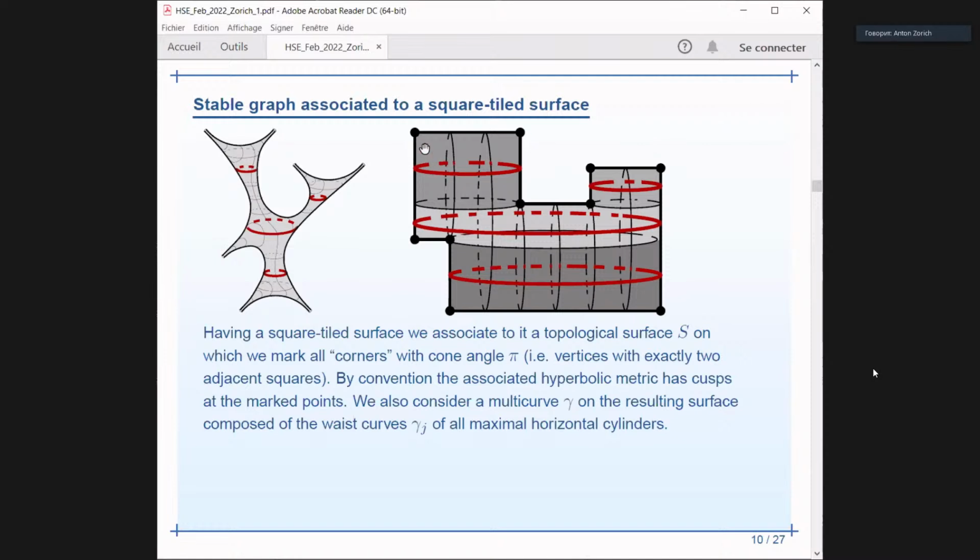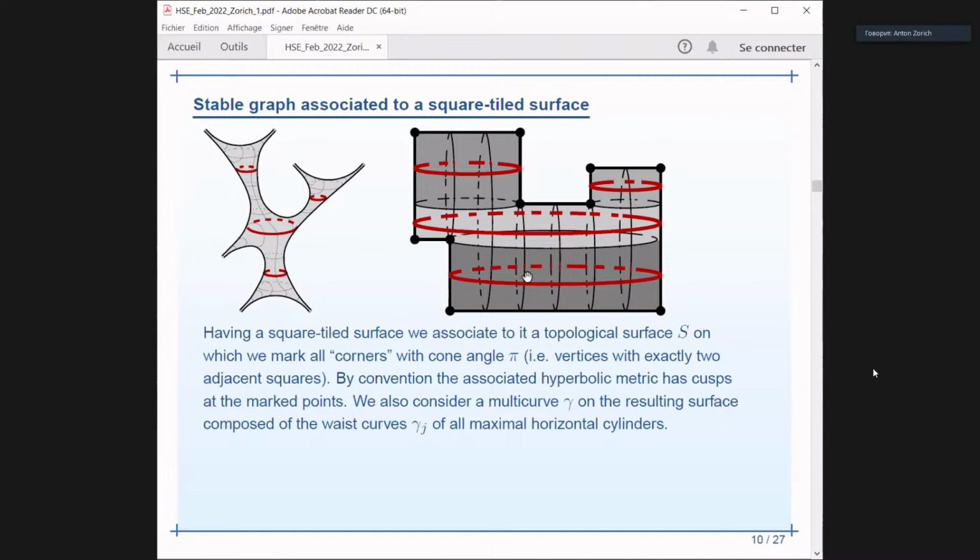There are points where, like at this point, we have only two adjacent squares, and they are really special for me, and I want to count them separately. I will memorize how many points like this I have. And also there are points where we have 6 adjacent squares, 8 adjacent squares, and so on.